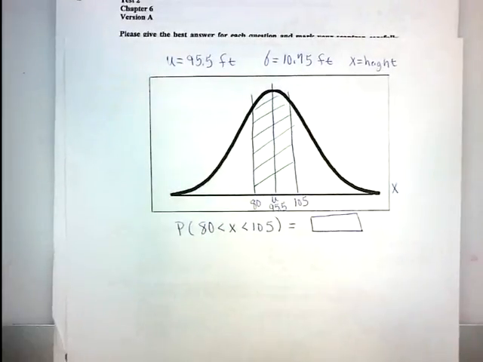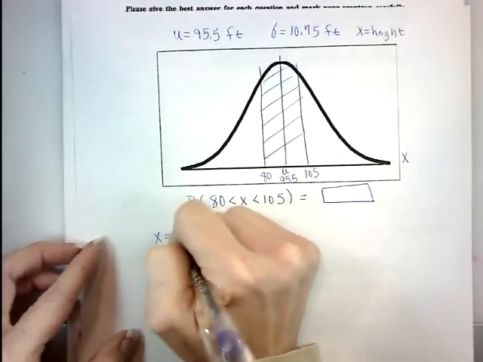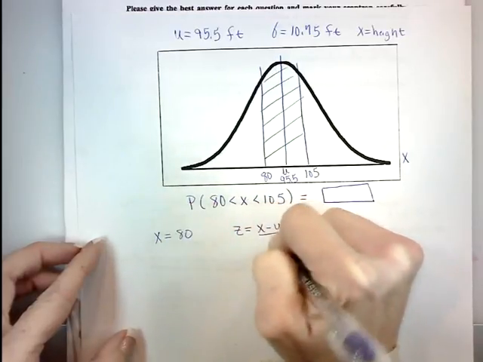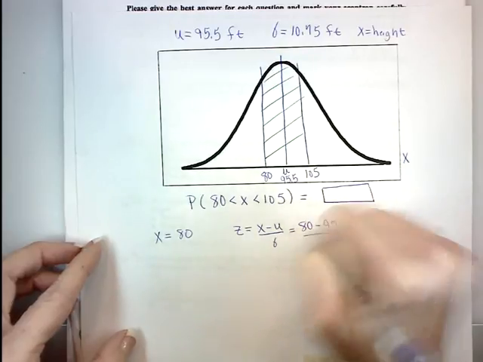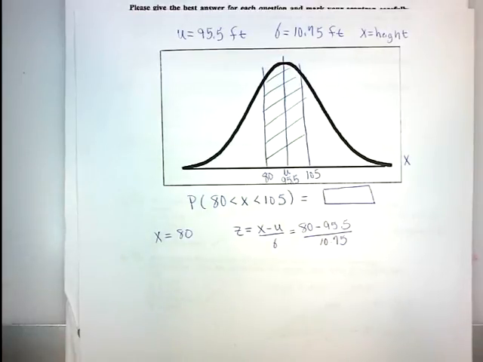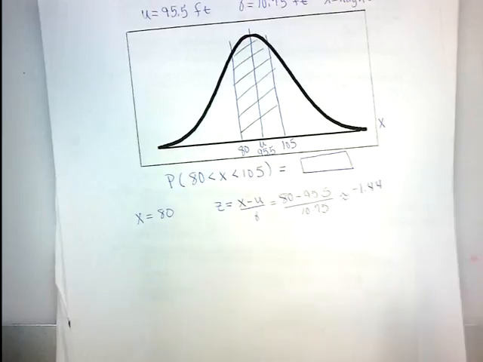To change from a problem in x to a problem in z, we must find the z-scores for each. So x is 80, z is x minus mu divided by sigma, 80 minus 95.5 divided by 10.75, and that is negative 1.44, rounded to 2 places.